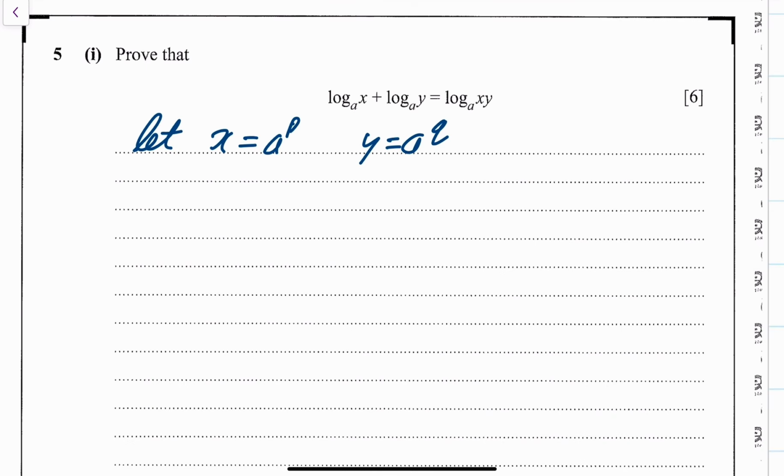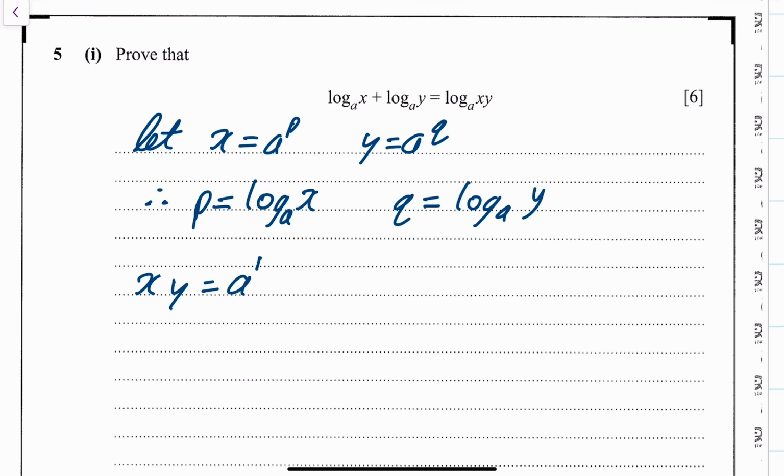Okay, well now what that gives you therefore is that p is equal to log to the base a of x, and q is equal to log to the base a of y, and we'll be using that in a bit. Now if you do x times y, that's the same as a to the power of p times a to the power of q.